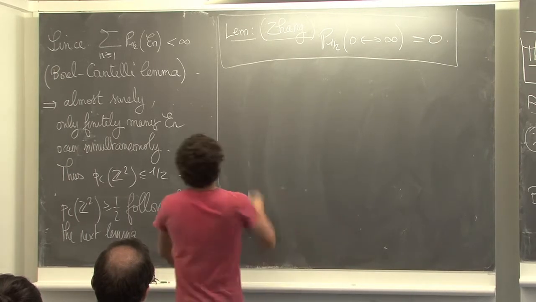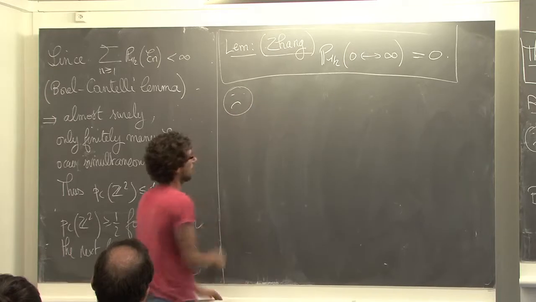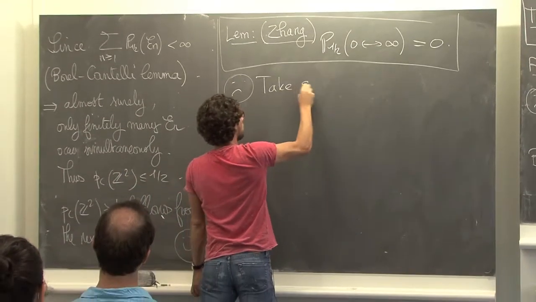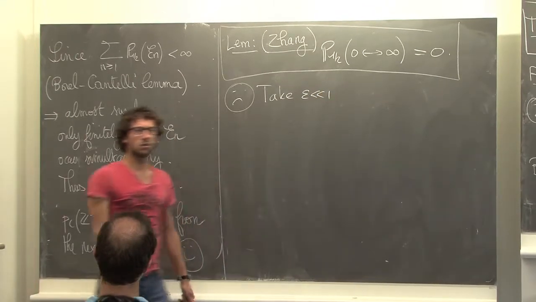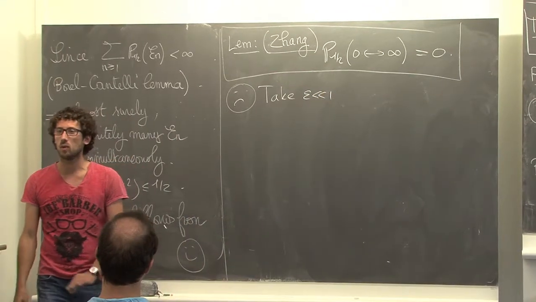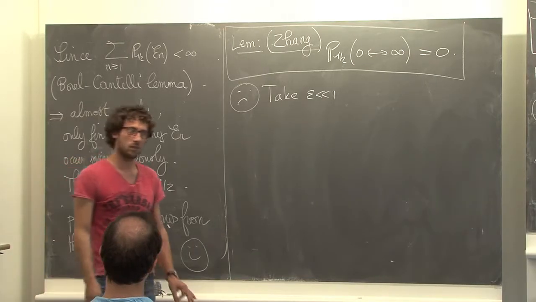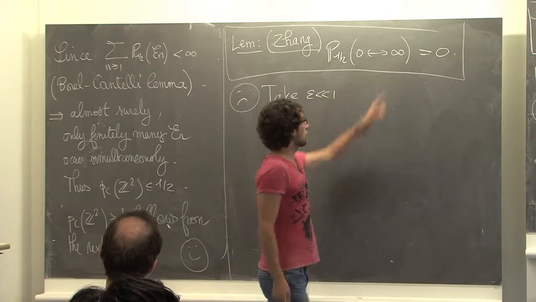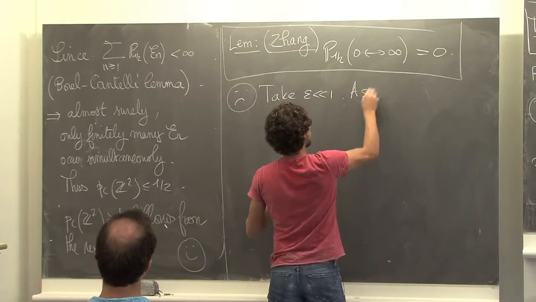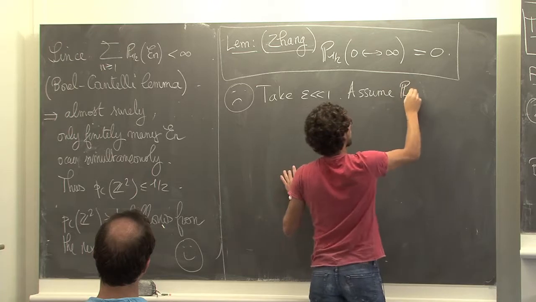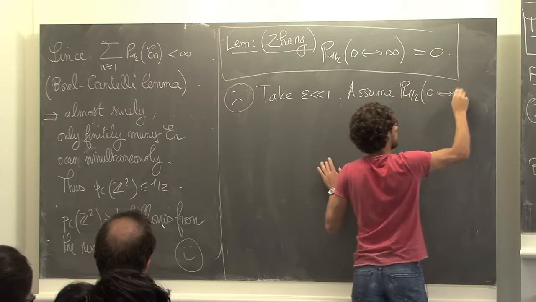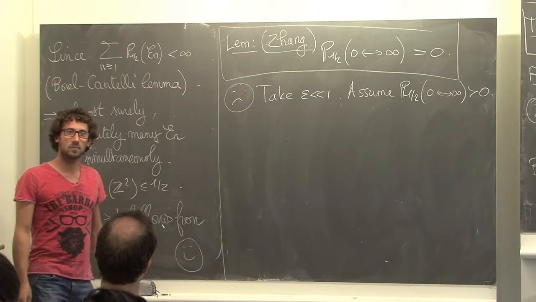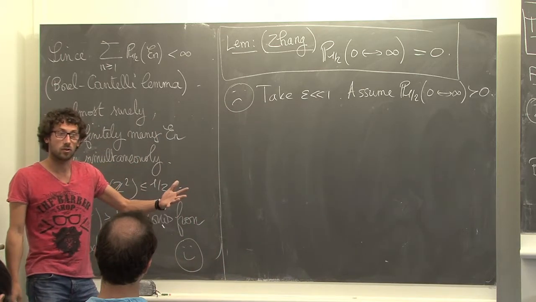Let me try to illustrate that. Let's take epsilon. I don't remember exactly what I need to take, but 1/1000 is probably sufficient, so take epsilon very small. Assume that I have this. If I have this, then I have almost surely an infinite cluster, right?